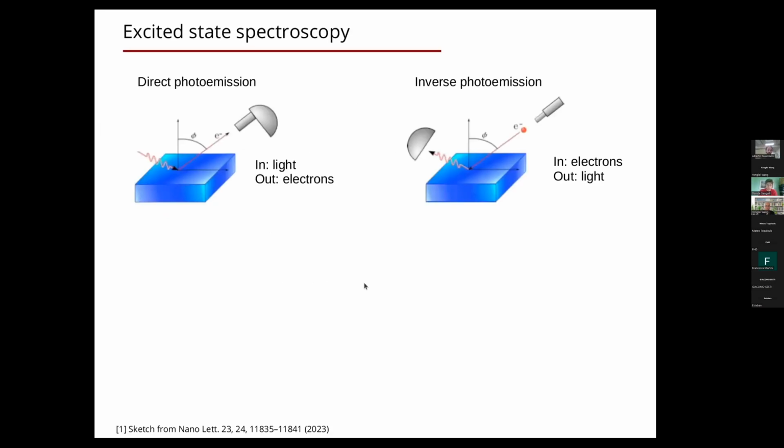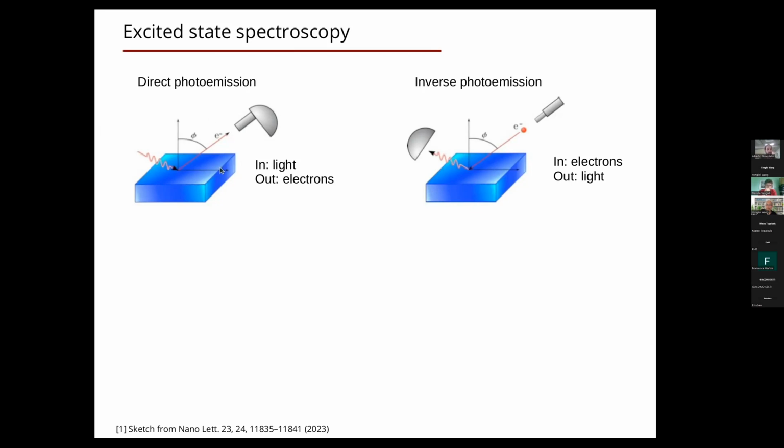So there are several experiments which are able to probe excited state properties of materials. And here I show a couple of examples, direct and inverse photoemission spectroscopy. In the first case, we have light as an input to the sample, and then electrons are ejected with a certain energy, and the energy of the ejected electron and eventually also their momentum are collected by the detector.